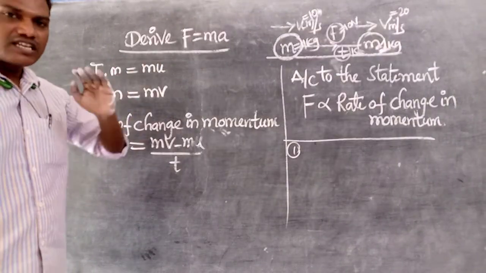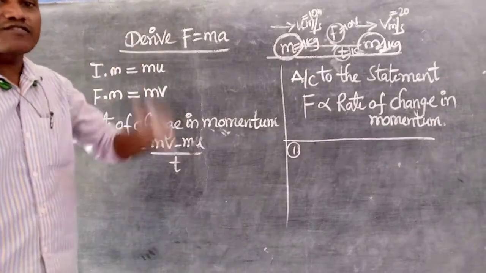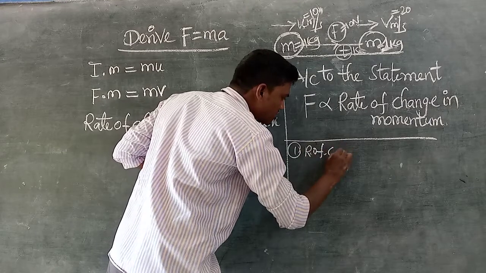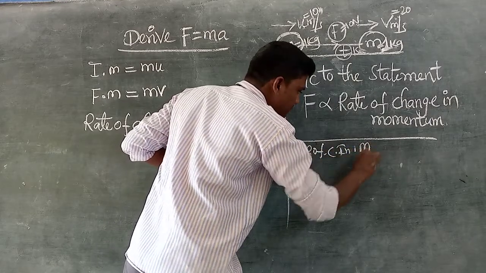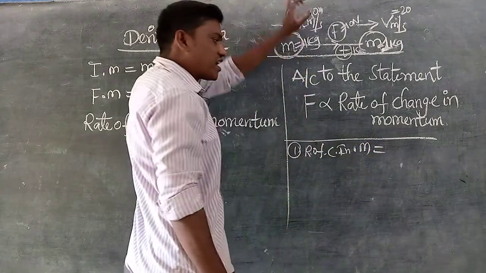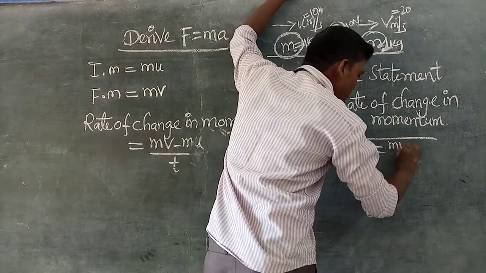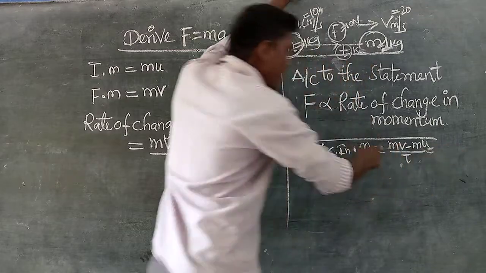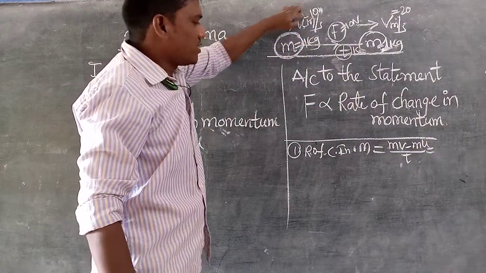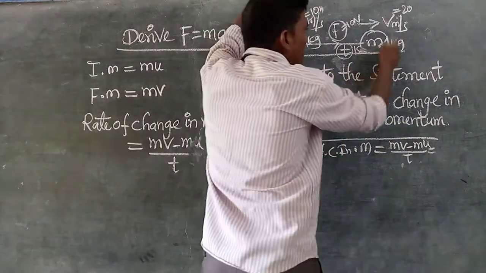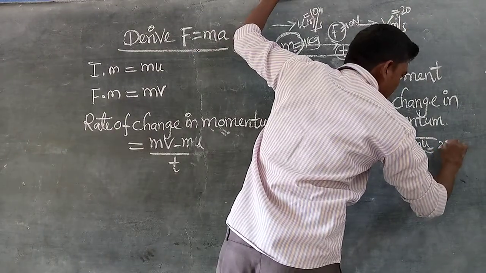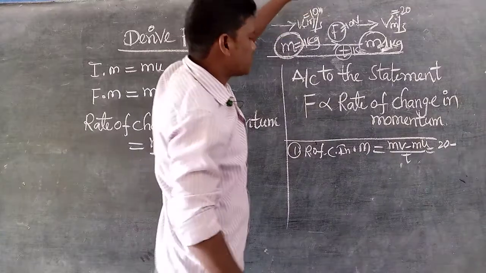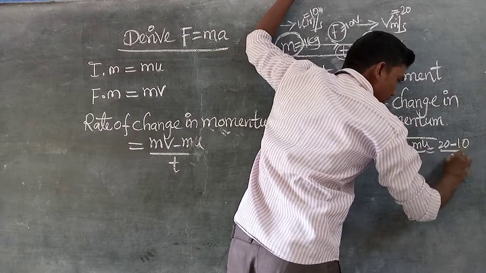So we know the rate of change of momentum is equal to, in the first condition, what is the formula? (mv minus mu) upon t. m into v is 1 into 20, 20, minus m into u, m is 1, u is 10, divided by 1.